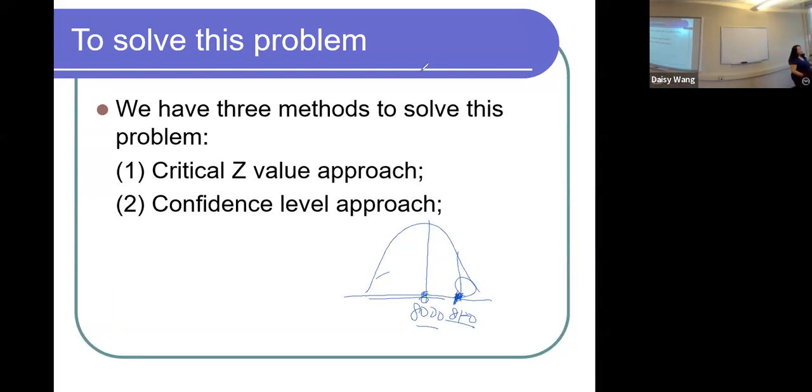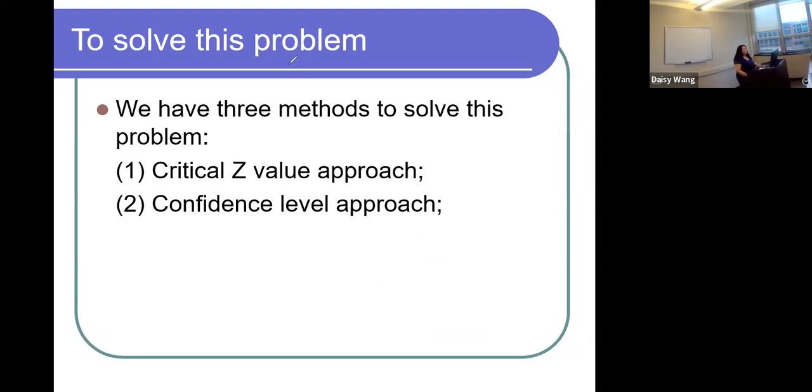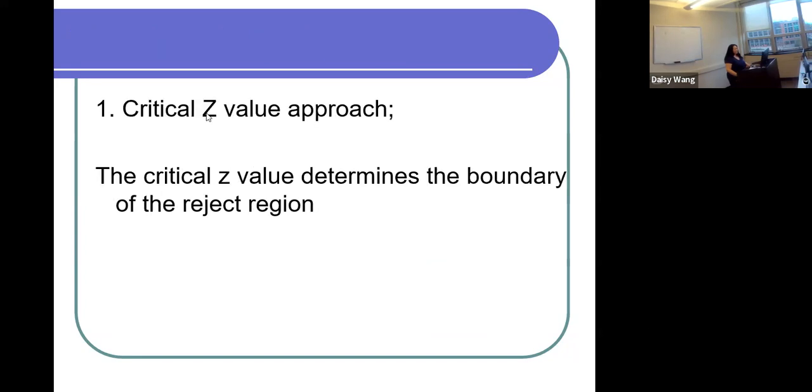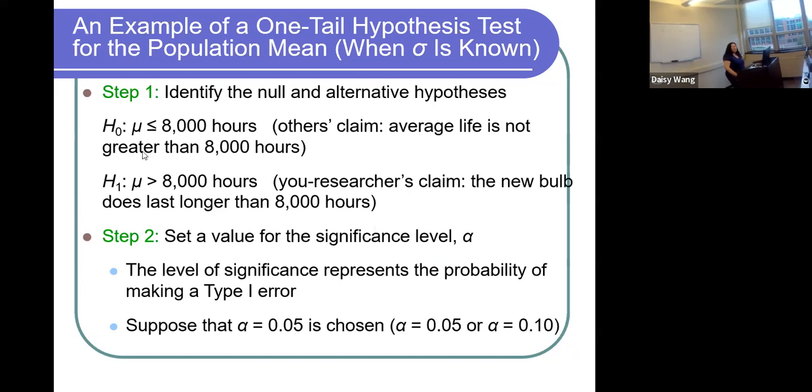So we calculate the error margin. First is the Z value. So what is the critical Z? What is the boundary of the reject region? Okay. So our null hypothesis is mu less than or equal to 800, and then the H1 alternative is mu greater than 800.